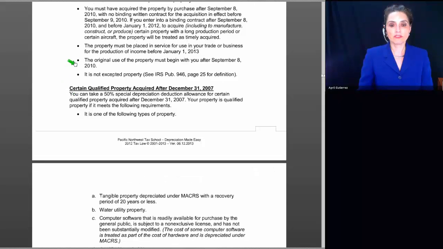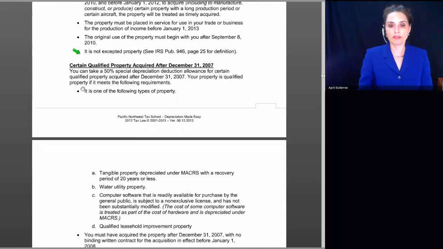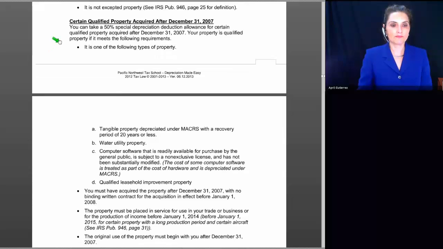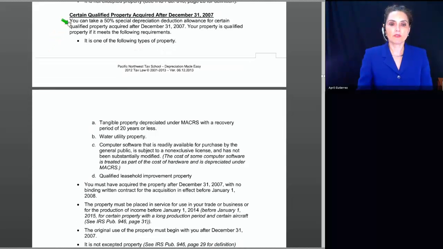Now, your original use of the property must begin with you after September 8, 2010. It cannot be accepted property. And for a list of accepted property, you can go to Publication 946 and look at page 25. Certain qualified property acquired after December 31, 2007. You can take a 50% special depreciation allowance deduction for certain qualified property acquired after December 31, 2007.